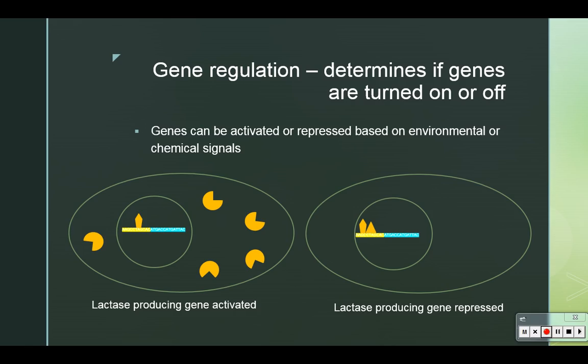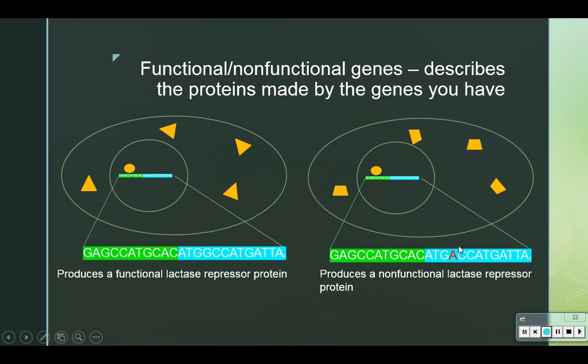Because we've talked about the fact that everyone is born lactose tolerant, which means everyone has a functional lactase producing gene, but at some point it gets turned off by a functional repressor. But if you have this mutation here, just that little change, then when that gene is transcribed and translated, you get a different amino acid for this set of bases, right? We know they come in sets of 3, so this is actually the methionine codon, which ends up being the start codon.